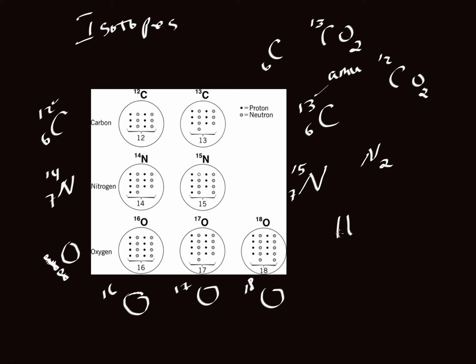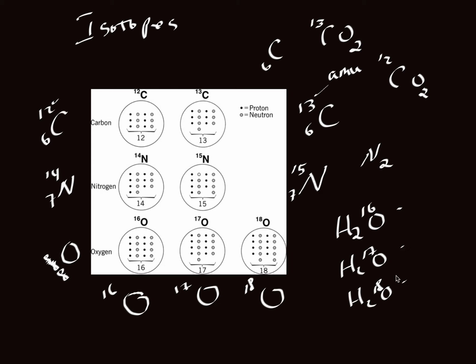So when you drink a glass of water, that glass of water is probably going to be mostly H2O16, but some of it might be H2O17 and some of it might be H2O18. You can drink that glass of water with any number of those isotopes.